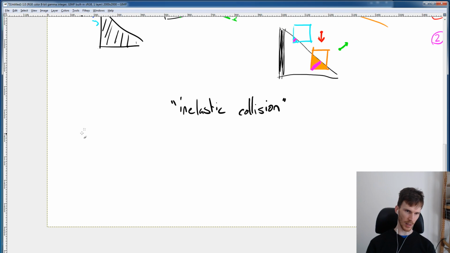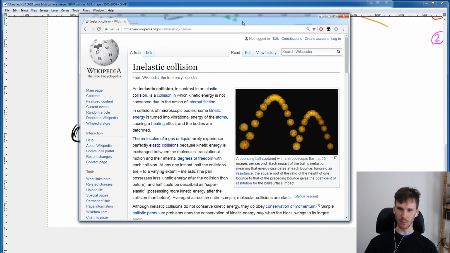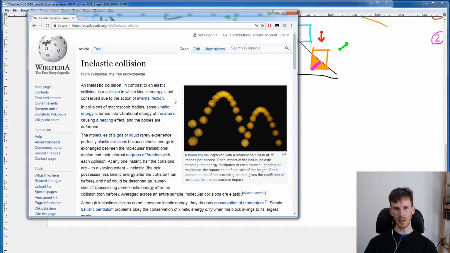Say we have a ball that's bouncing. Maybe I'll just bring out the Wikipedia page because someone's drawn this diagram already. This is the diagram for inelastic collision, and we've got a basketball. It's dropping down. It bounces up, and then on the next bounce, it bounces less and less and less, and so on.